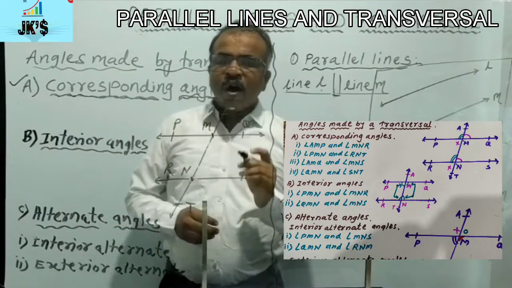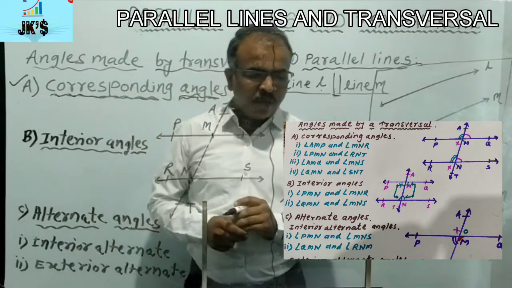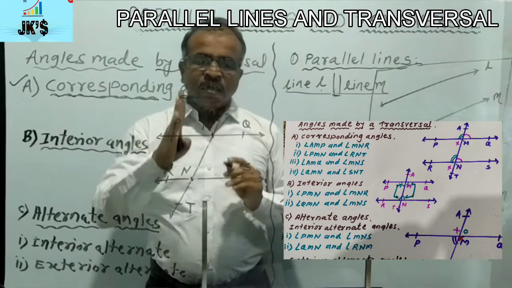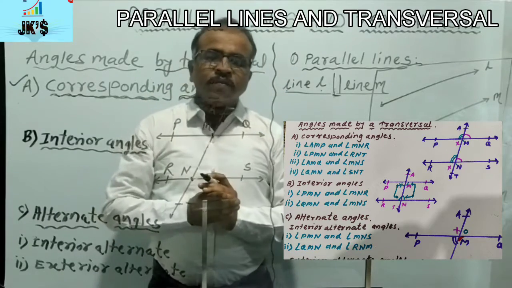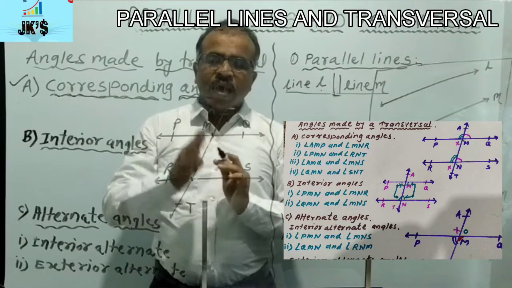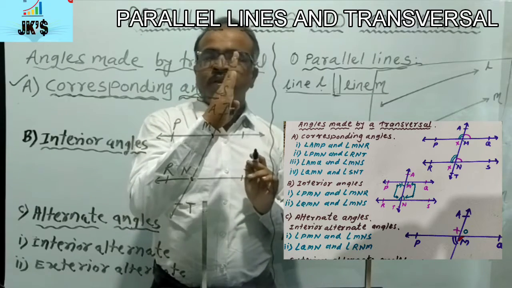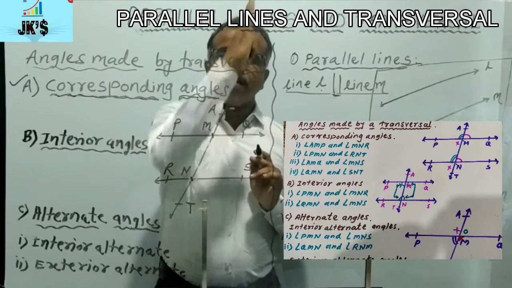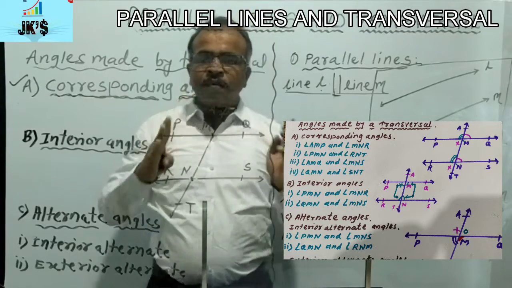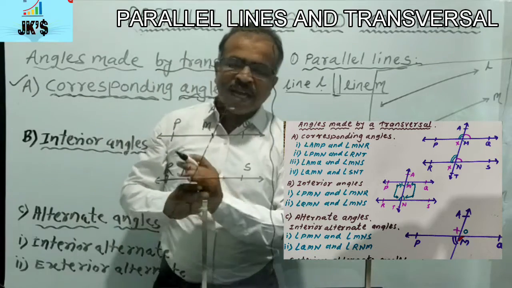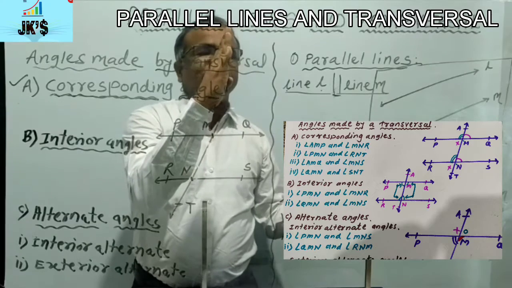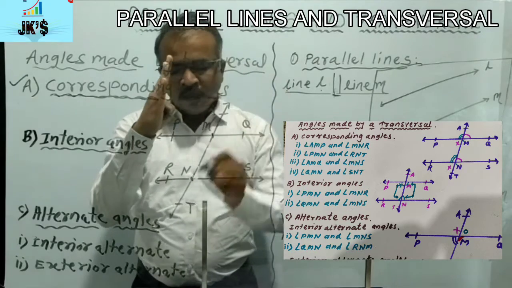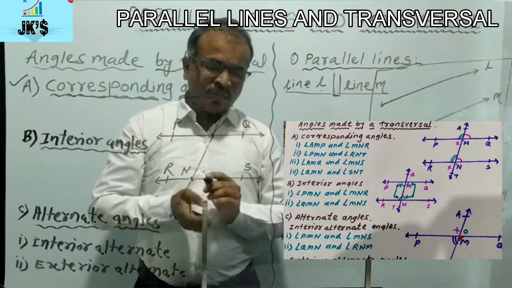If the arms on the transversal of a pair of angles are in the same direction, this is the transversal, and the remaining arms of the angles lie on the same side of the transversal. Here AT is a transversal.